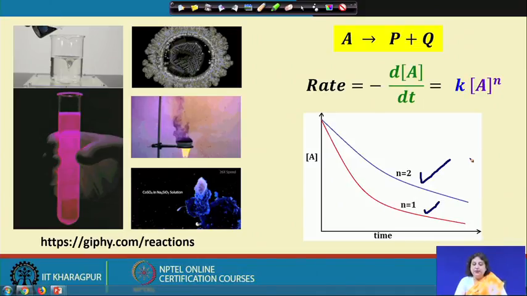So from this experimental data, one finds out the slope of this curve and fits it to this equation, which gives us the rate of the reaction.